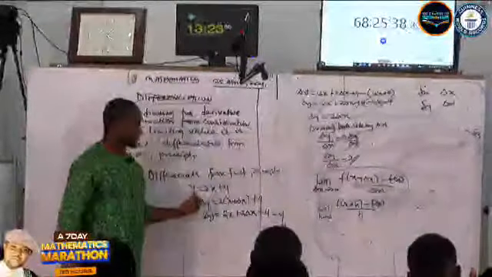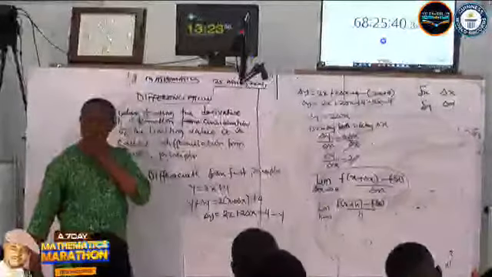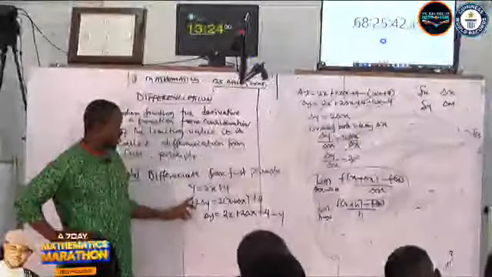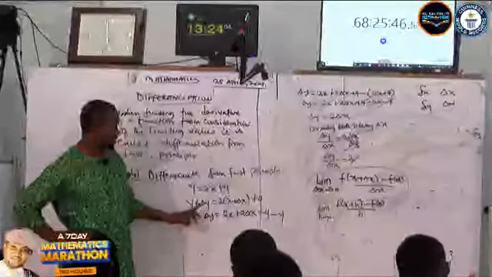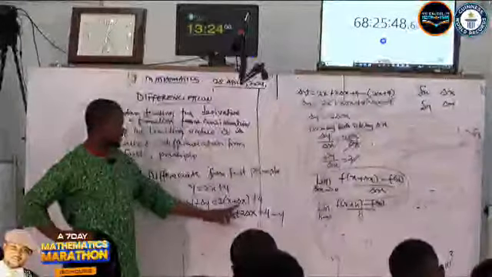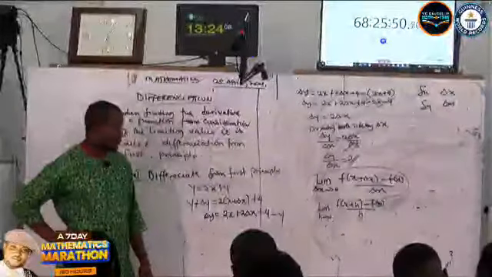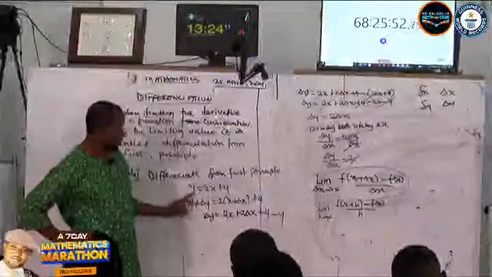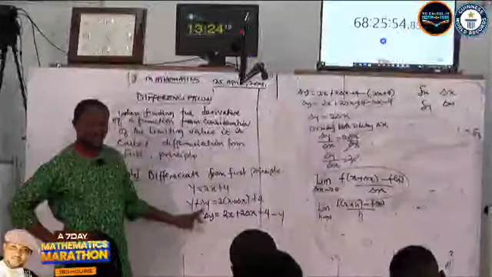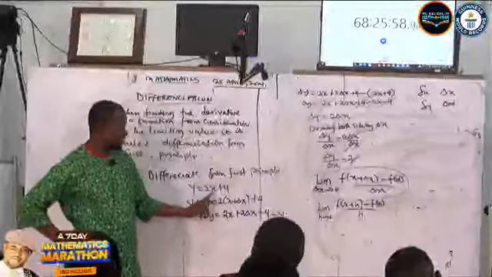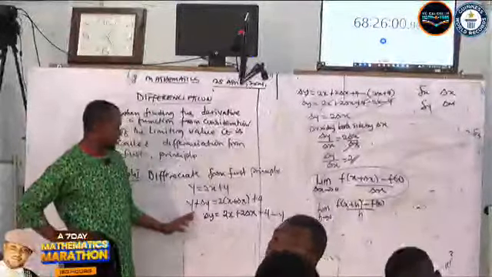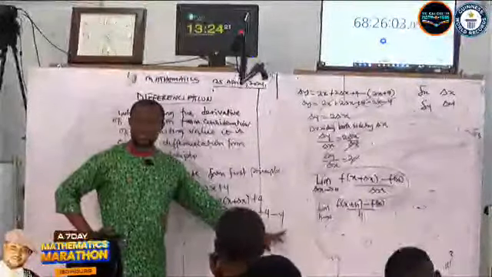When I give you a question to differentiate, whenever you see x, you put a smaller increment in x. Whenever you see y, a smaller increment in y. X, smaller increment in x. So this place down there is y. Look at it, smaller increment in y. X, smaller increment in x. Now y crosses over to the other side of the equation.